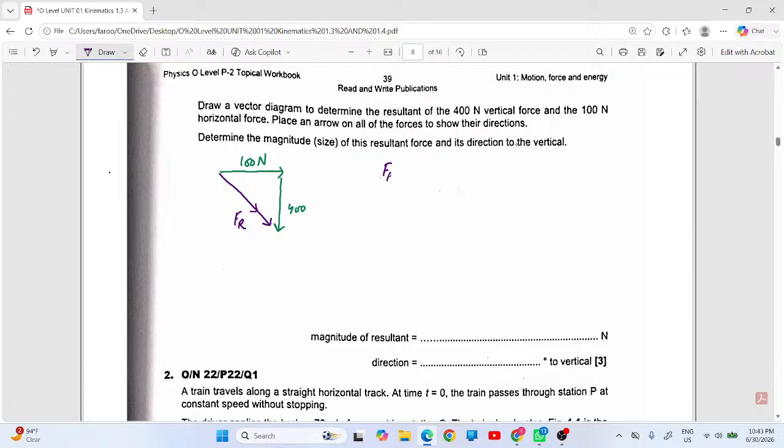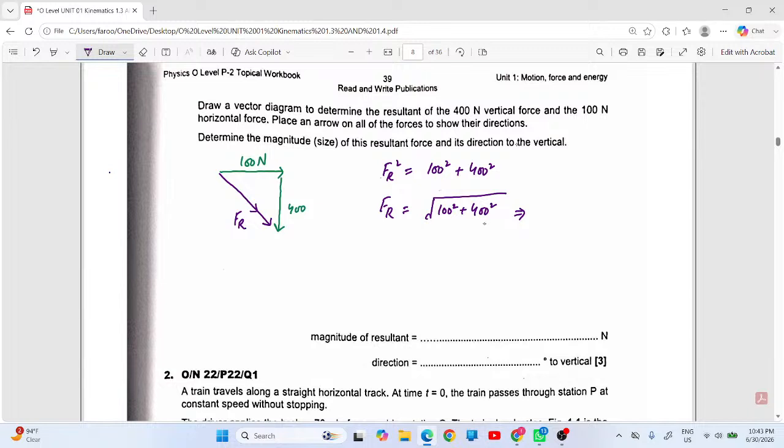Hypotenuse square equals base square plus perpendicular square. So resultant force becomes equal to the square root of 100 square plus 400 square.